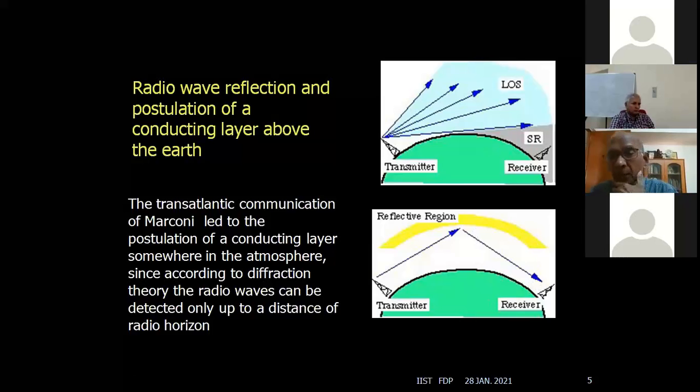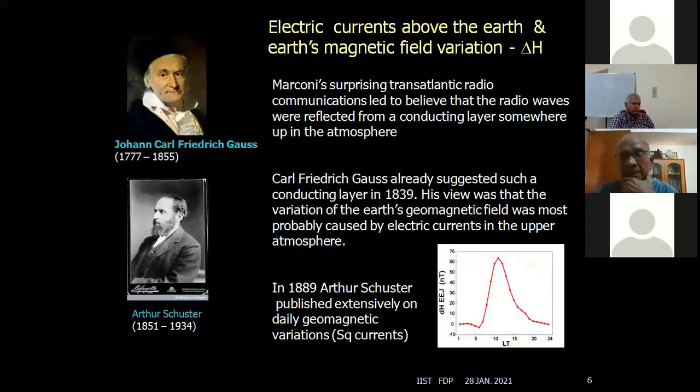And the next one shows the horizontal magnetic field. This is the perturbation part taken out, and it picks up at noontime and comes back. So it's a daily phenomenon, and this also tells that there must be currents flowing in the atmosphere.